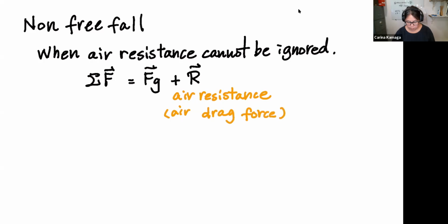This is a type of resistance, but it's not the same as the resistance that we did between two solid objects. Now we have an object that's in the air, and that air gives some kind of resistance. Let's discuss this air resistance, air drag force, in detail.